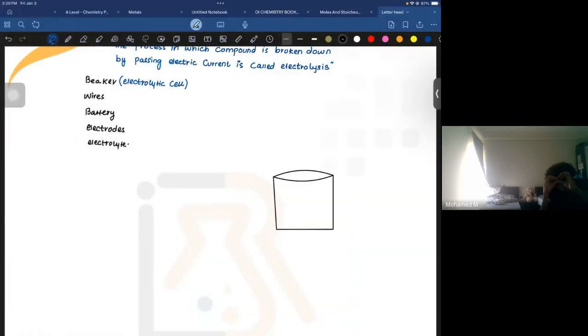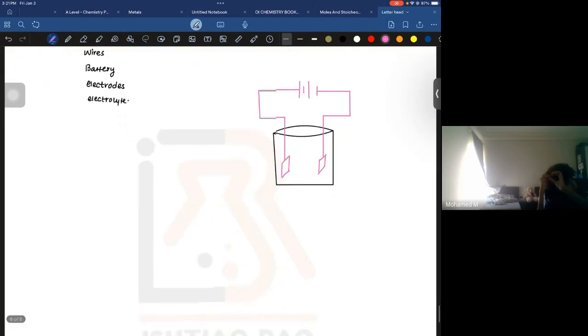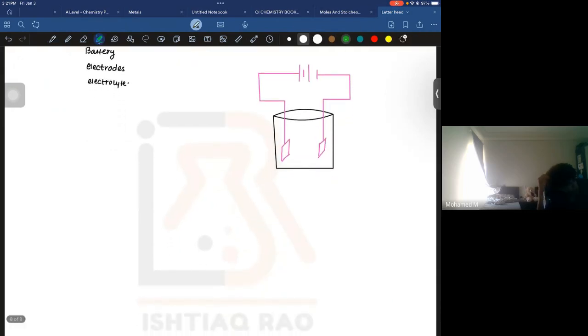And then you have this, this is the wire. And then you have electrolyte in it.